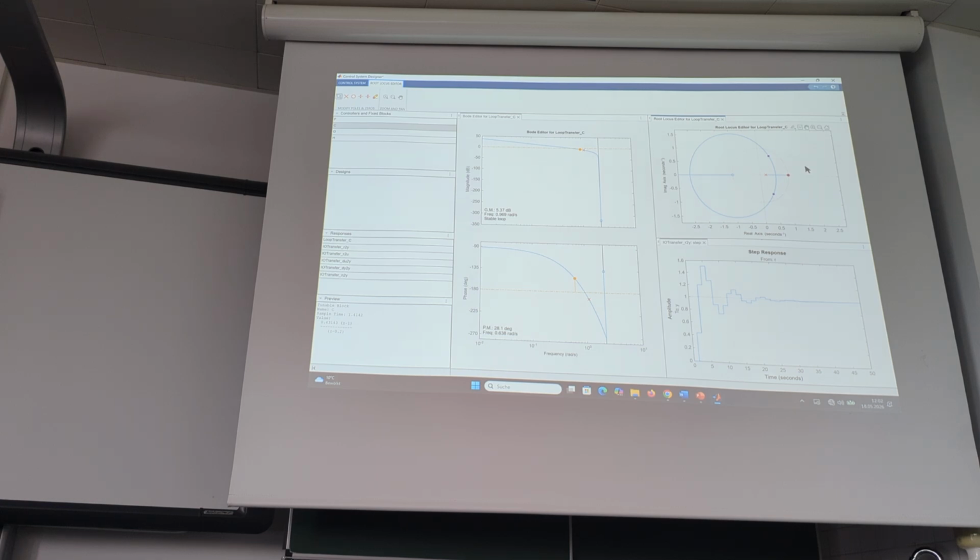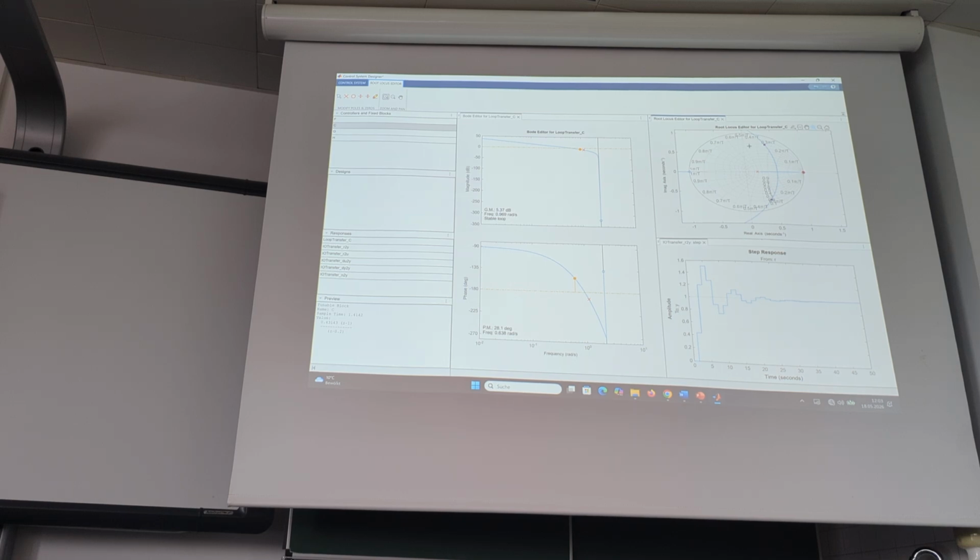Now we can remember that we had a look at the requirements, so there is the possibility to set the requirements in terms of overshoot and damping and so on. If we display a grid, and this is maybe an additional interesting aspect, we see something like this.